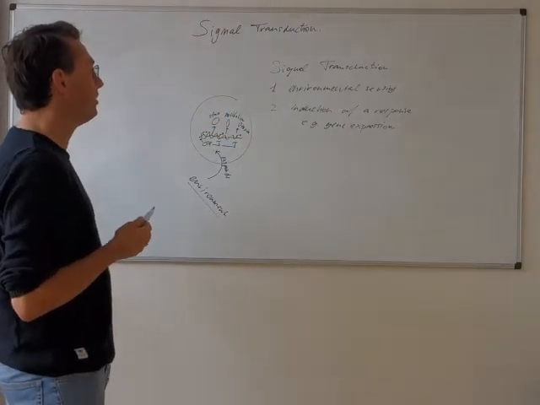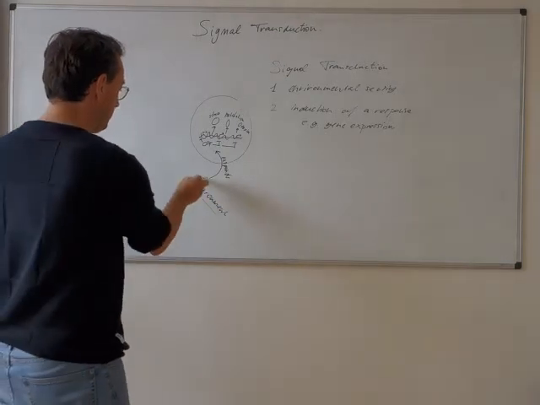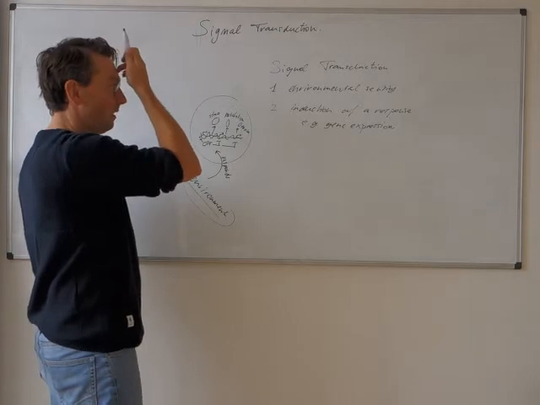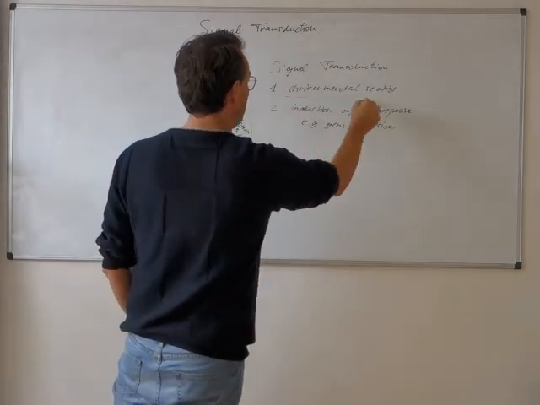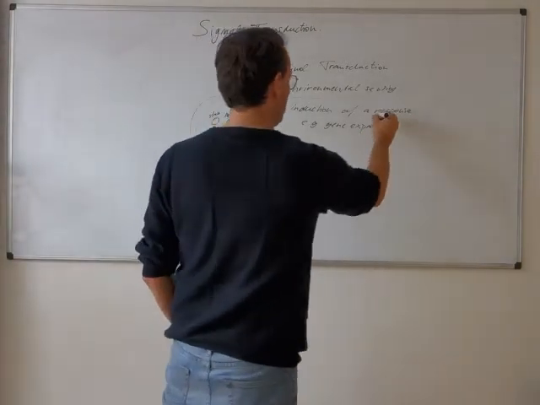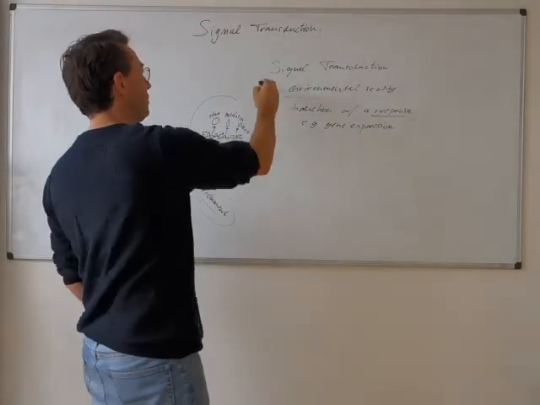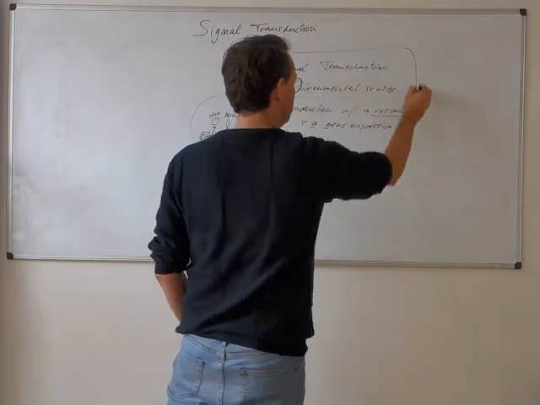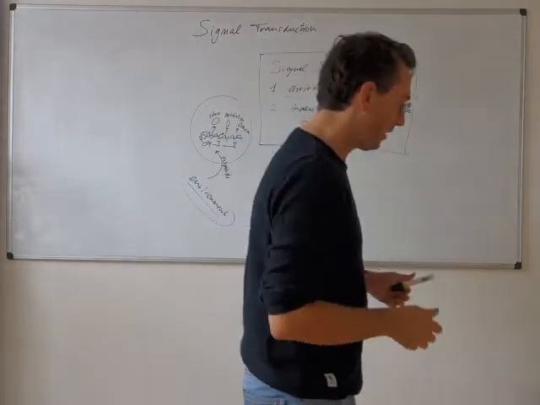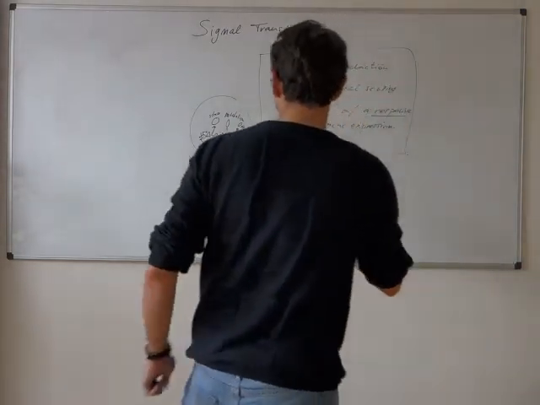But all these decisions are being influenced by the environment that needs to be perceived by the cell via environmental sensing, and then a decision needs to be made leading to a response, and this entire process is called signal transduction. Okay, so that's what we're going to discuss in this chapter.